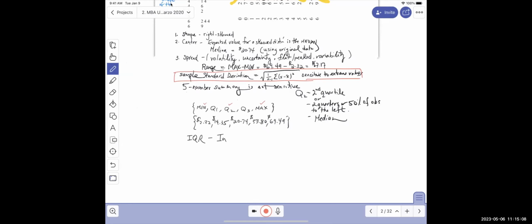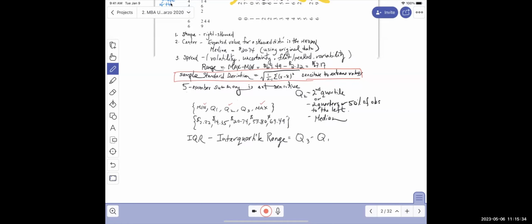It's called the interquartile range. The interquartile range is exactly that. It's computed within the 2 quartiles of Q3 and Q1.